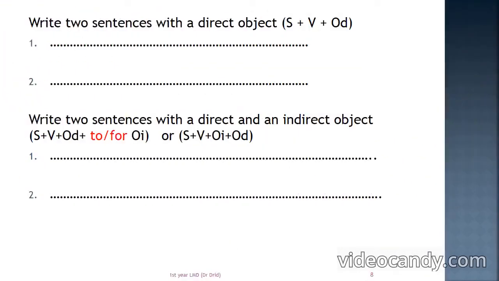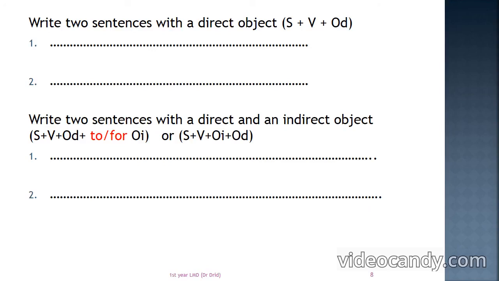This is the last exercise on direct and indirect objects. You are asked to write your own sentences. So write 2 sentences with a direct object. This means that the sentence will contain a subject, a verb, and an object, a direct object. Then write 2 sentences with a direct and an indirect object. It contains the subject, the verb, the first object, then the second object.